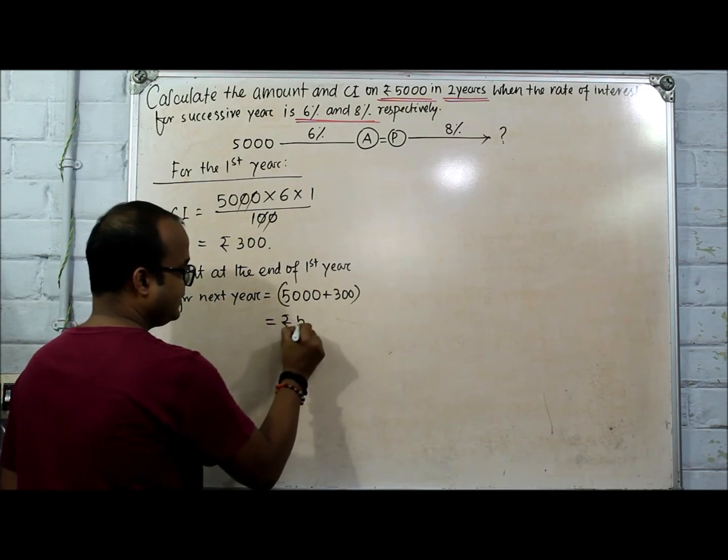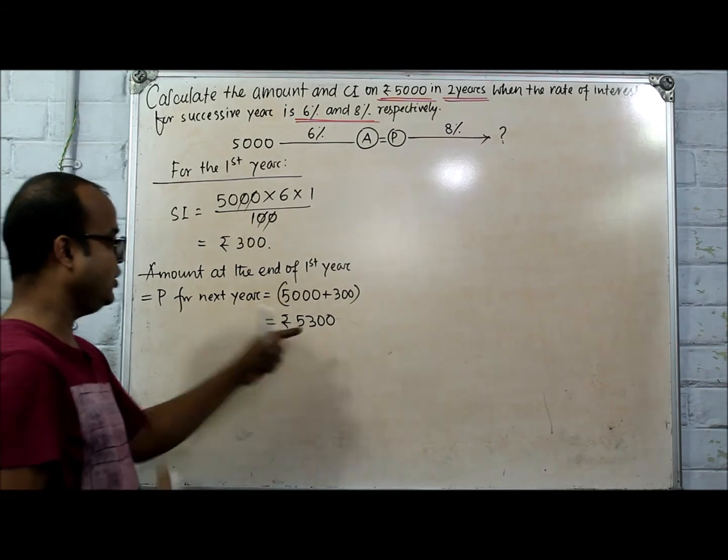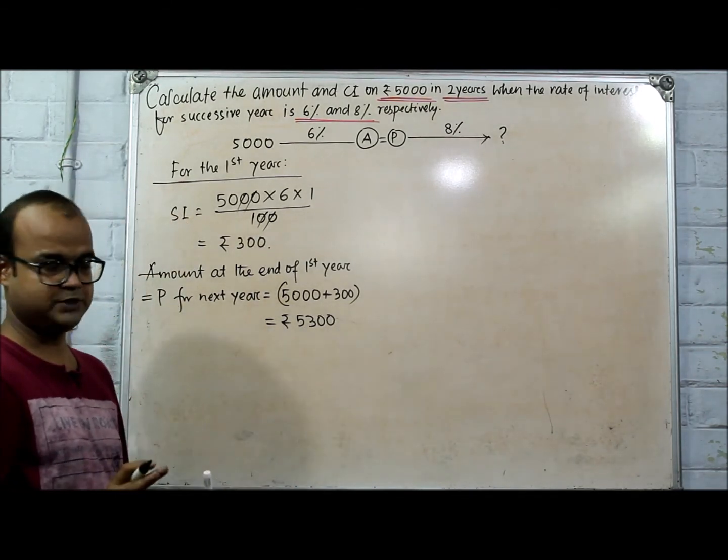So your amount at the end of first year, or principal for the next year, is 5,300 rupees.